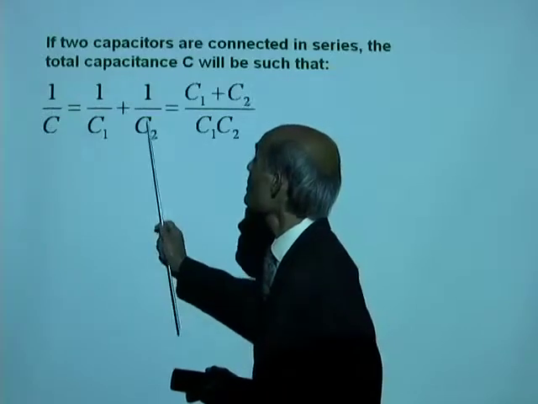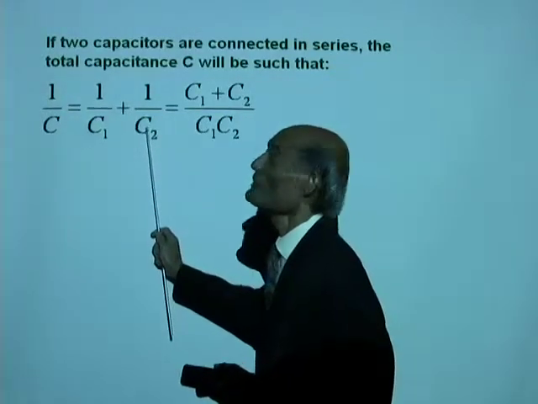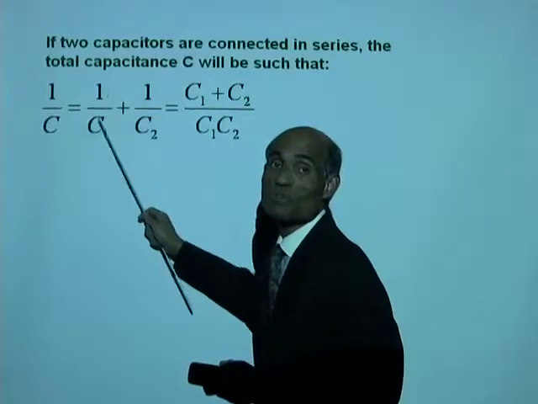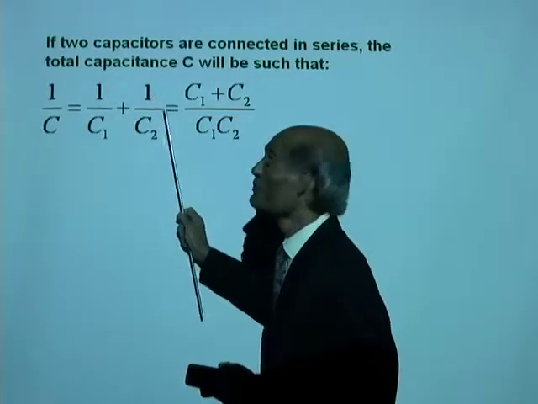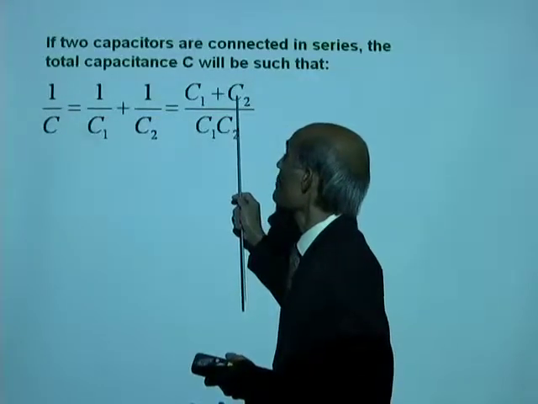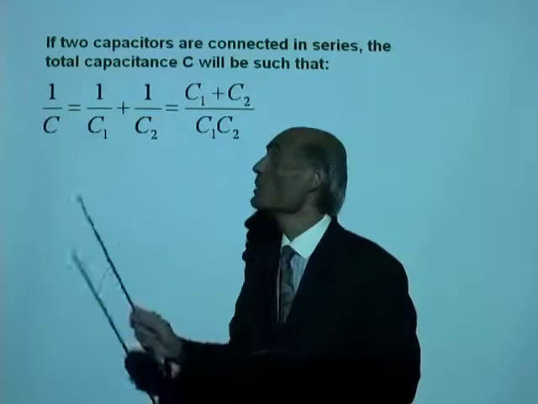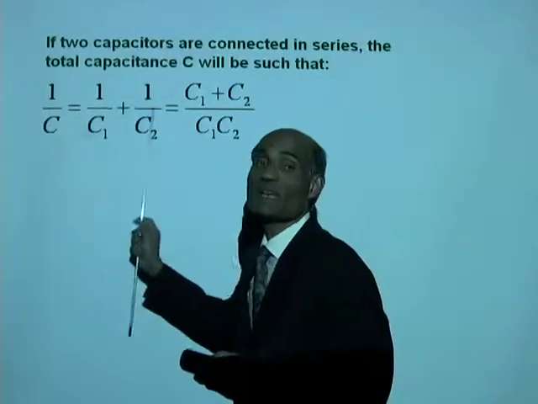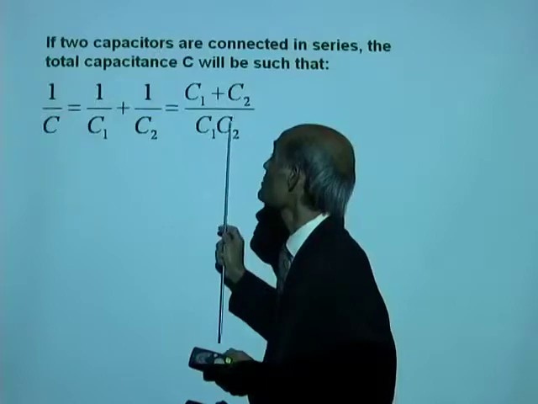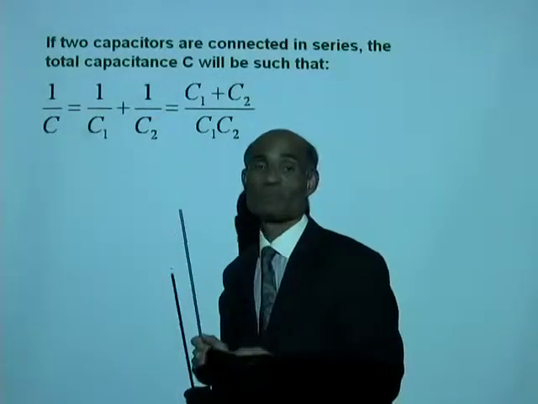If you simplify this, C1 C2 is the common denominator, and the numerator will be C2 plus C1. So simplifying this gives you C1 plus C2 on the numerator divided by C1 times C2. If 1 over C equal to C1 plus C2 over C1 C2, what is C equal to?